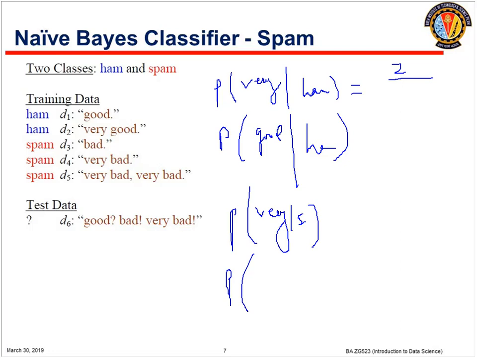Very is 2, good is 2, so 2 plus 1 is 3, bad is 0 plus 1, right? So 6 was the denominator. So 2 by 6. And what is the probability of good? 3 by 6, half.